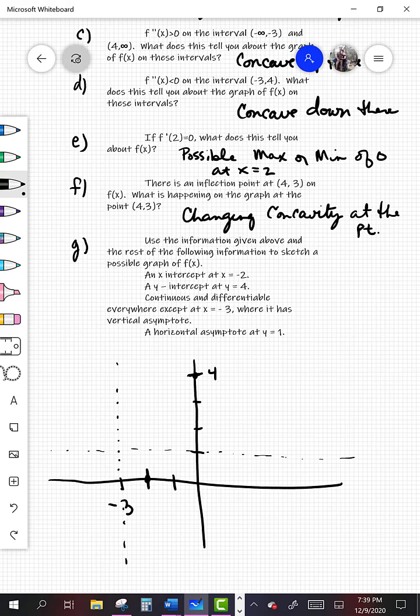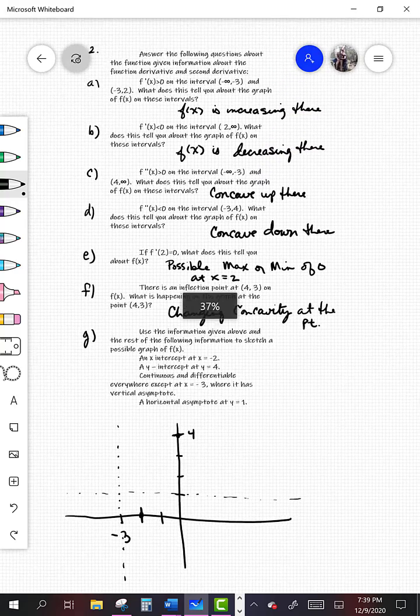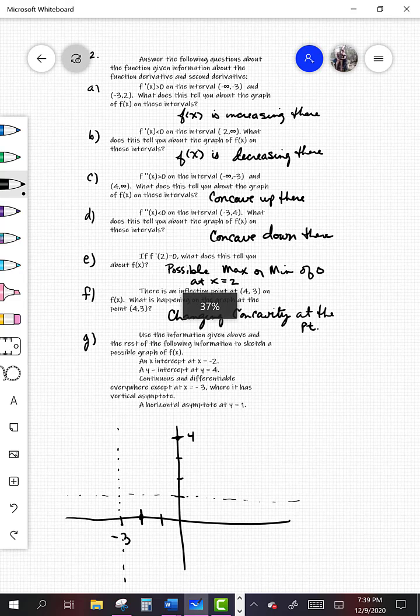That was a derivative. Let's see. So let's look at where it's increasing. So we're increasing from negative infinity to -3, so on the left of our vertical asymptote.